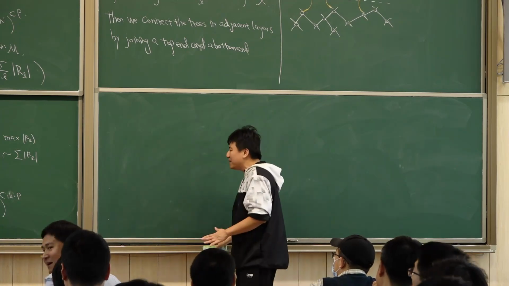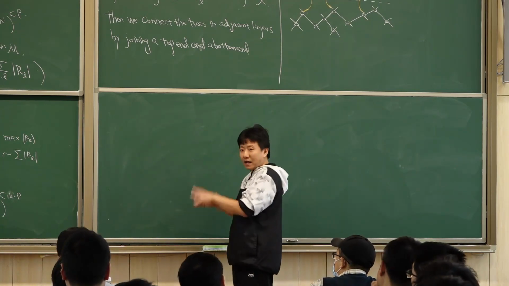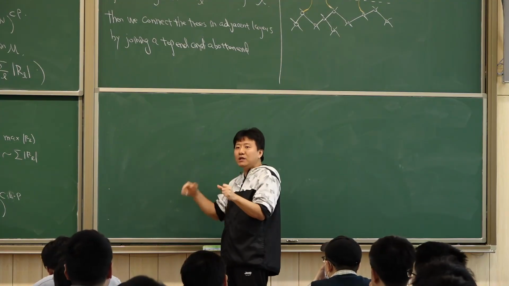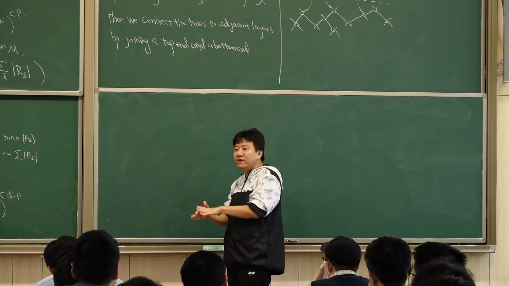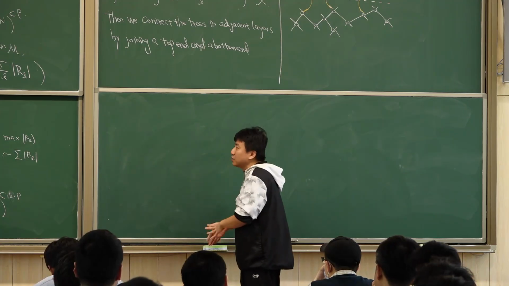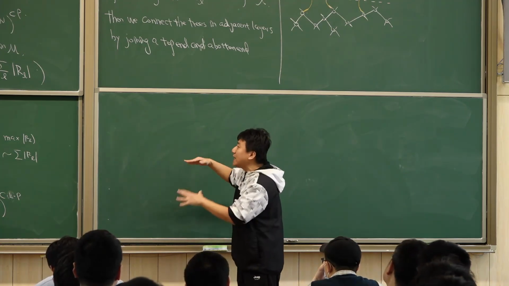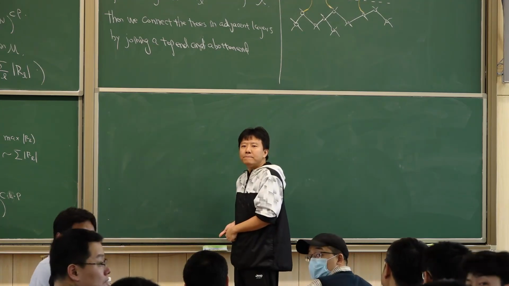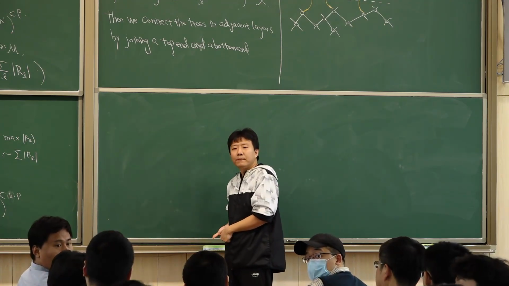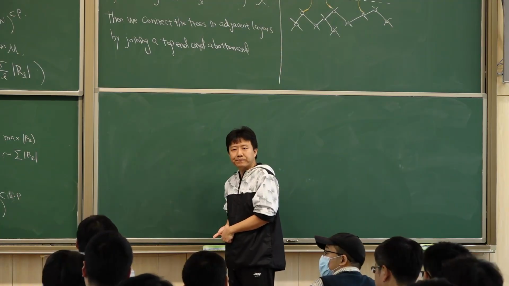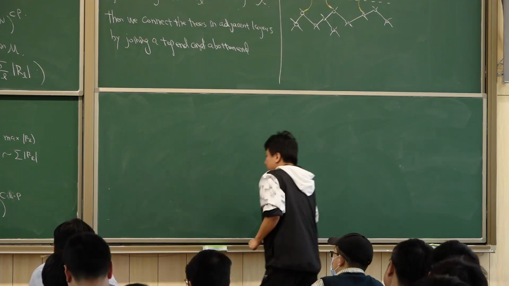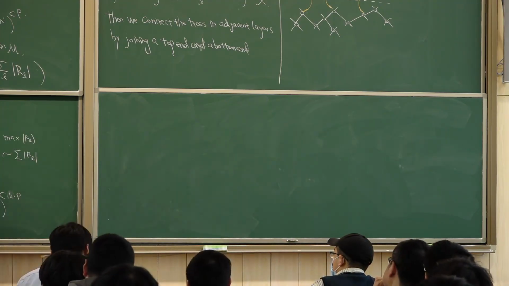In practice there can be cycles inside a layer, and we need to do some procedure to remove them, but it makes things more complicated. So let's look at this simple picture where each layer is a tree. In our paper, there is a small amount of cycles in each layer, but it's small and will be handled separately. Now let's turn to claim 2.